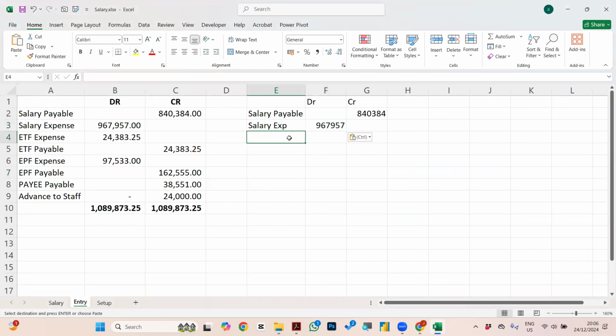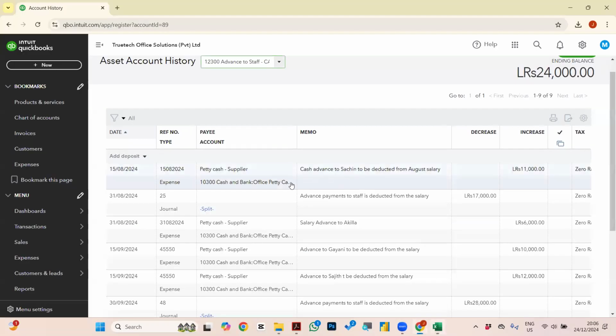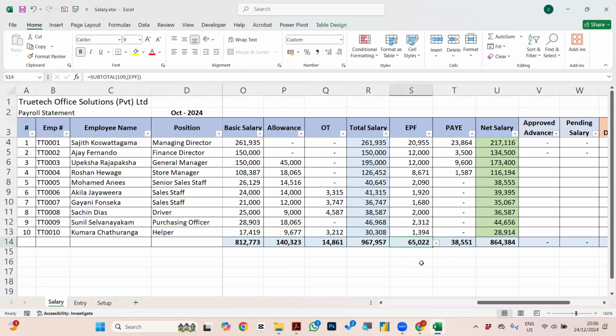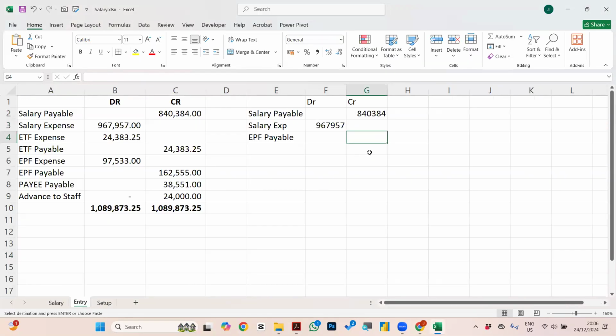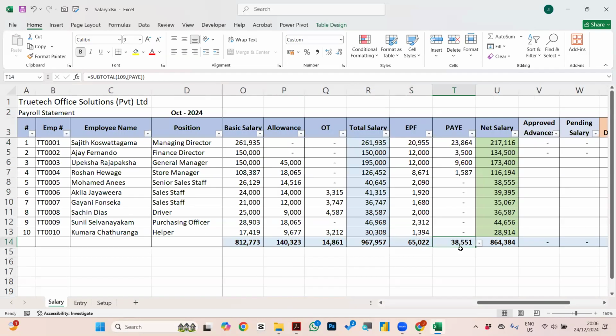This is the amount. From it, salary payable is 840. Again, EPF payable is also there. EPF payable is going to be this amount. The other one is PAYE payable. We have to pay this to the government instead of paying it to the employee.